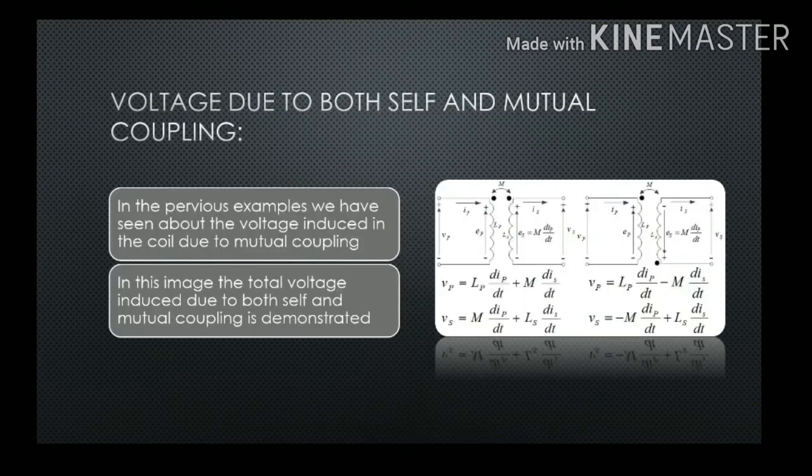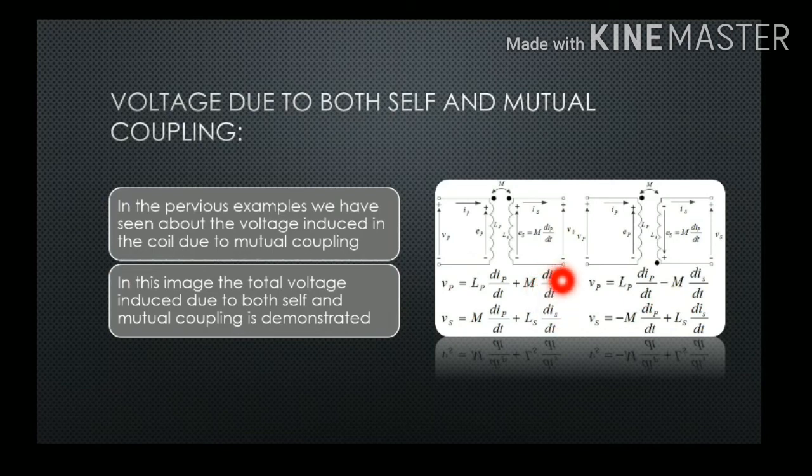Voltage due to both self and mutual coupling. In the previous examples, we have seen about voltage induced in the coil due to mutual coupling. In this image, the voltage induced due to both self and mutual coupling is demonstrated. As you can see in this image, the L represents the self inductance and the M represents the mutual inductance.